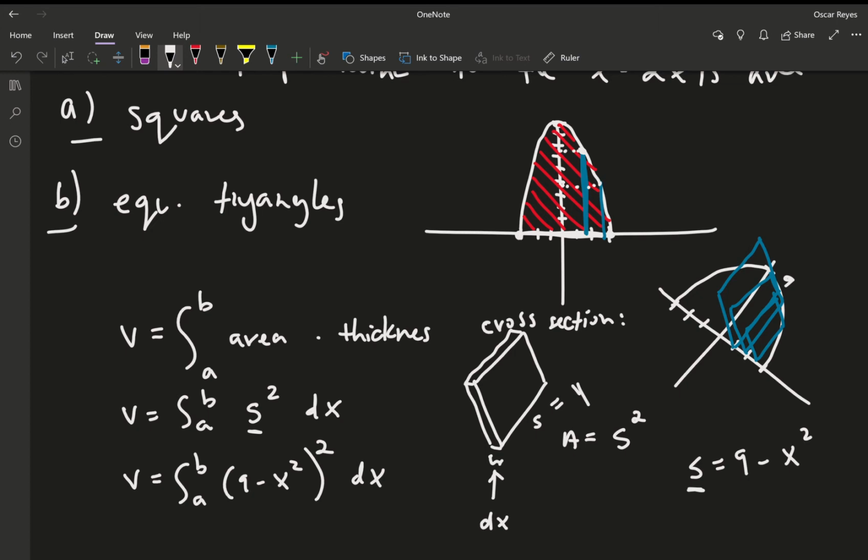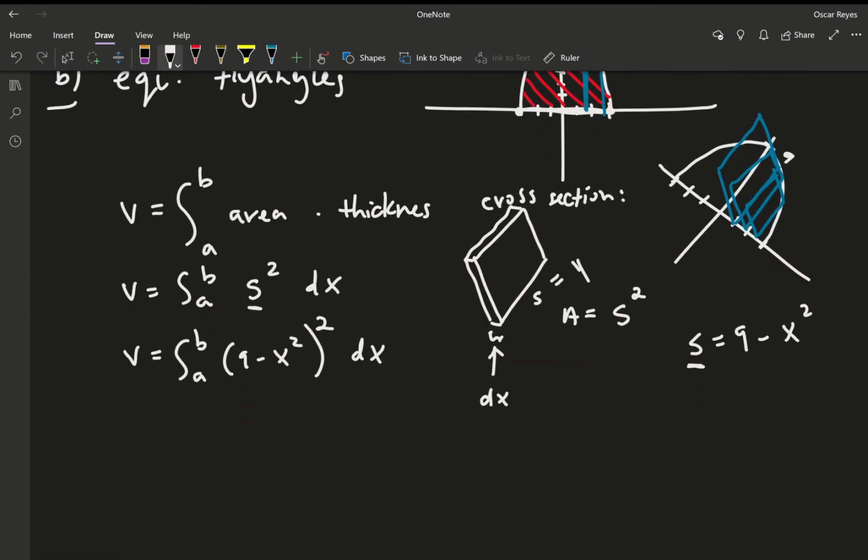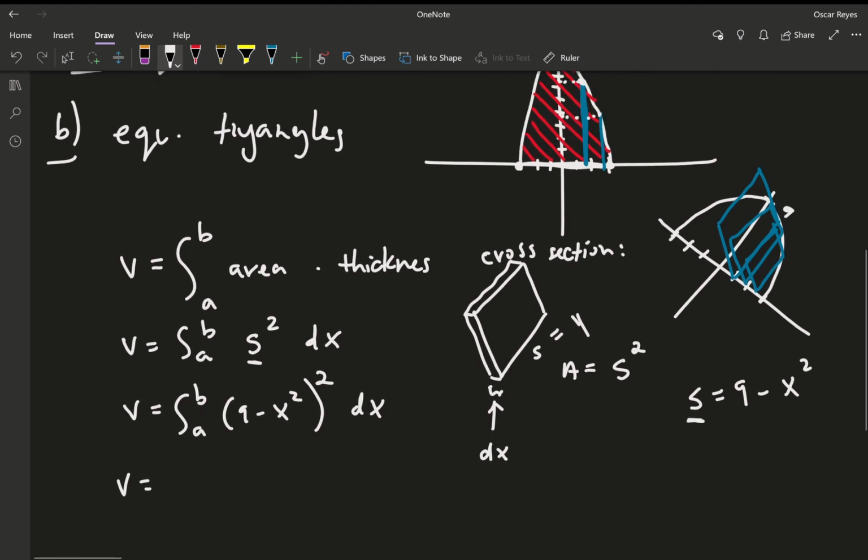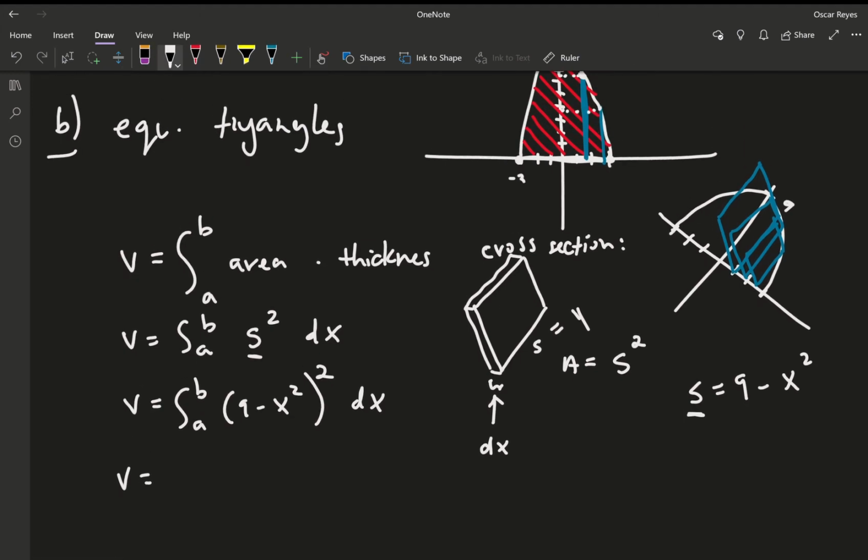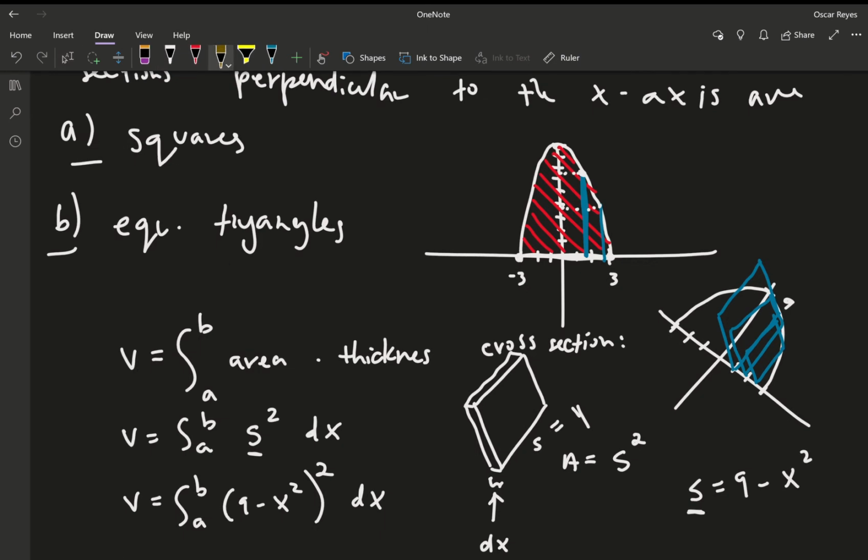Now we have to find where we're looking at through our a and b. If we look at our graph, we know that this was -3 and this is 3. So we're looking at it from here to here. We're always looking at it, or in this case, we're looking at it through the x-axis, or dx.